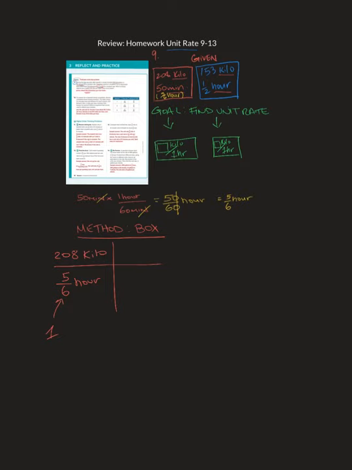So first step is I am going to get rid of the 5 in the 5/6. So I'm going to multiply everything by the reciprocal, so 1/5. And I'm going to multiply this by 1/5. Remember, there's a 1 under here that's invisible. So these two 5's cancel. And now I have basically 208 divided by 5.